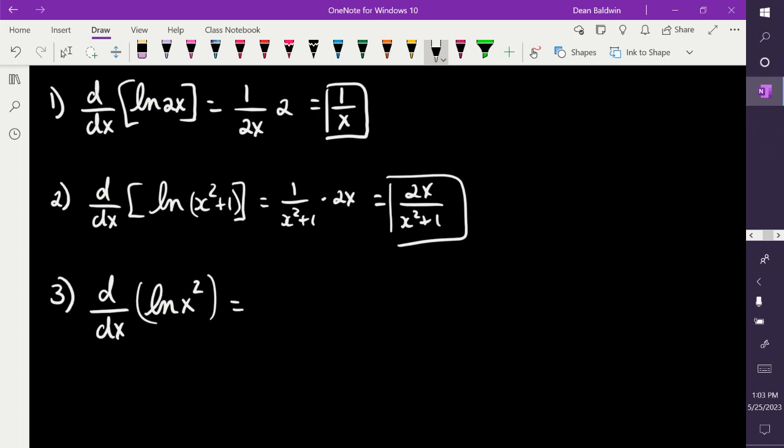The derivative of the natural log of x to the power of 2. 2x over x squared. That is correct. But you can also use your log rules to simplify it before you do it. If you drop the 2 down, you can rewrite it like this.